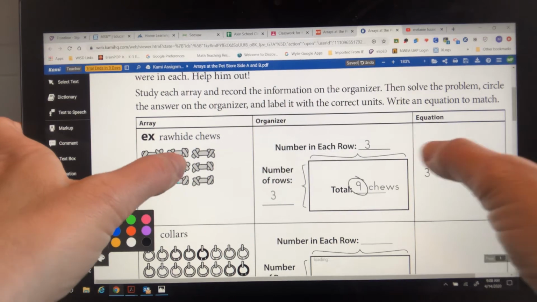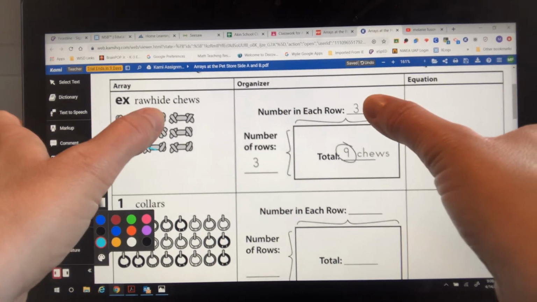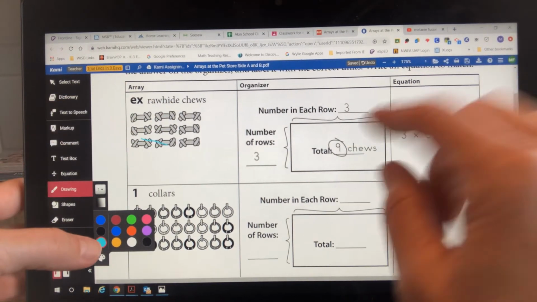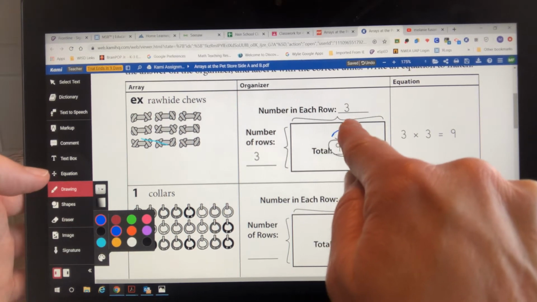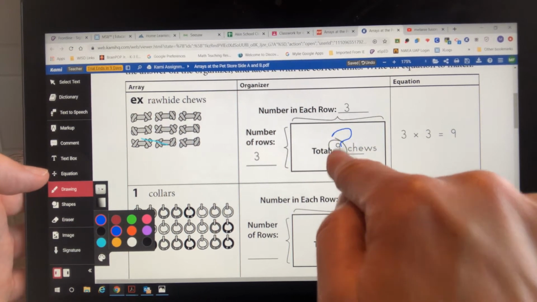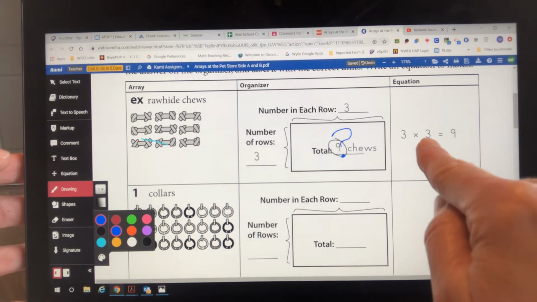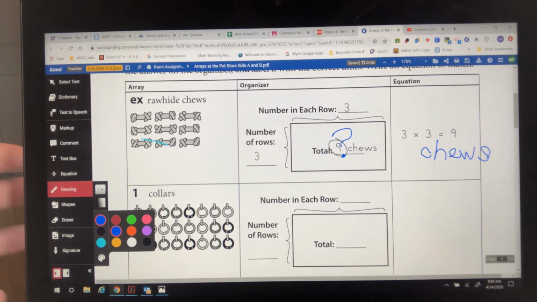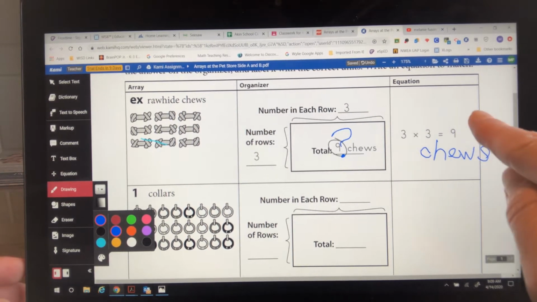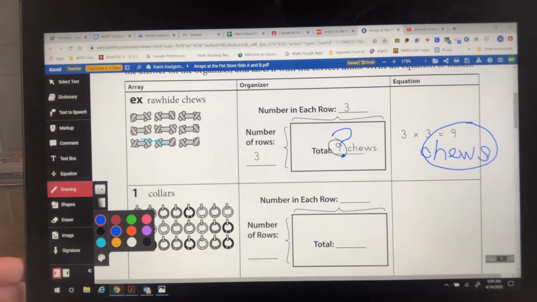Now, I think I want to do this a little different. I think I would rather put a mystery number there instead of 9 chew toys, and come over here and put the label in the answer over here.